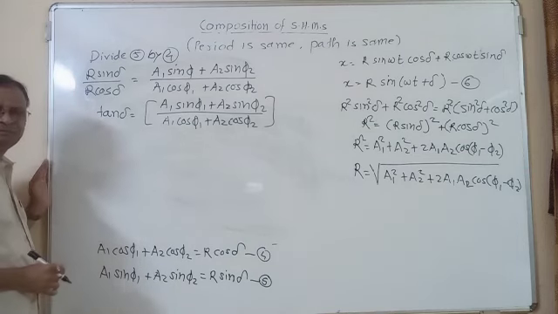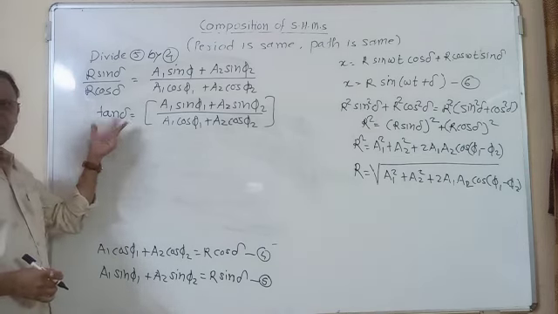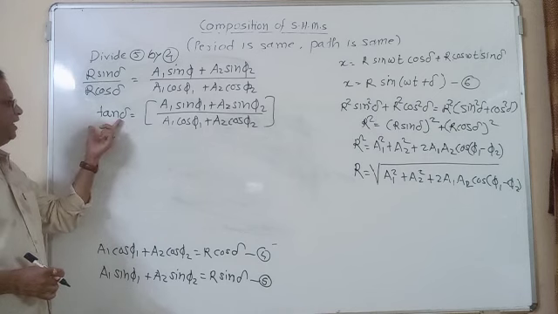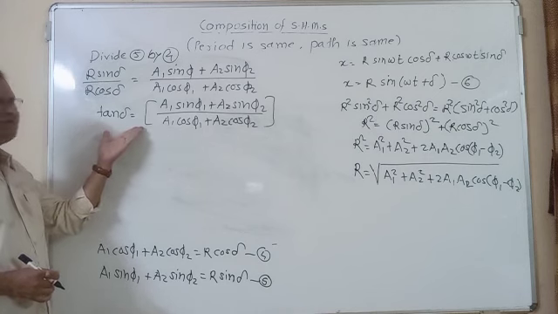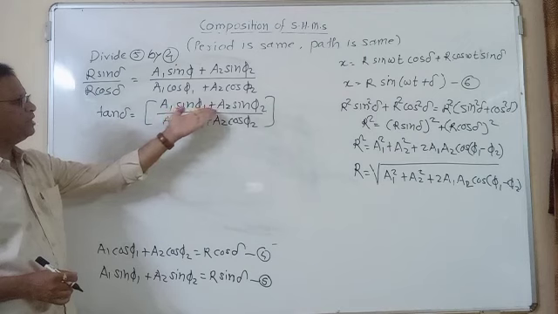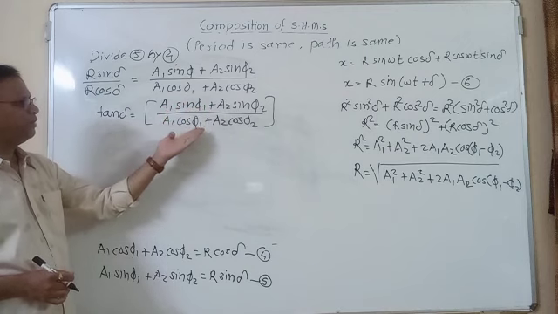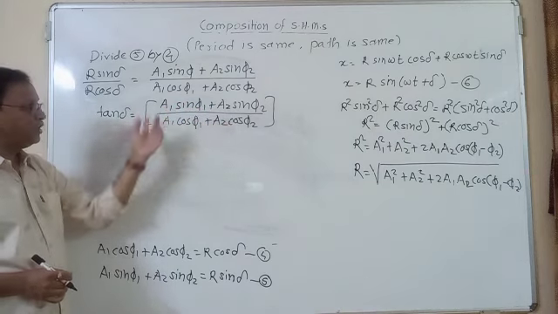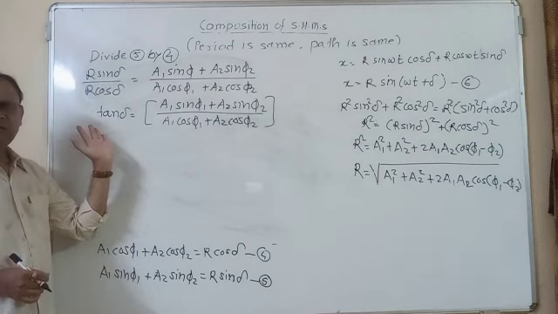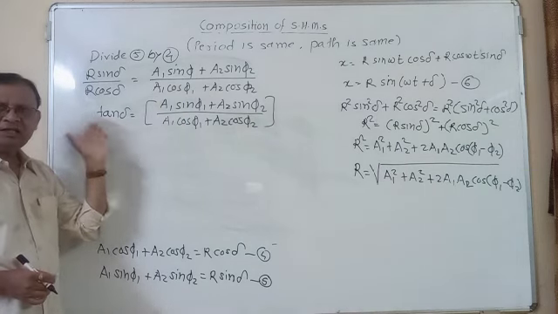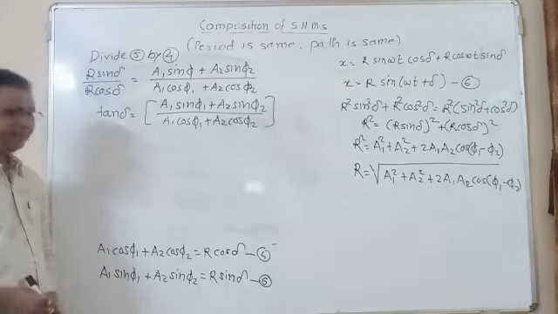And obviously delta is equal to tan inverse of A1 sin phi 1 plus A2 sin phi 2 upon A1 cos phi 1 plus A2 cos phi 2. So by using this formula, we can also determine the resultant initial phase delta.